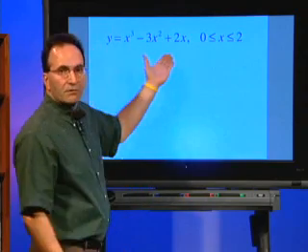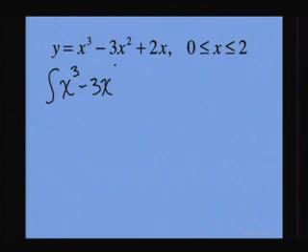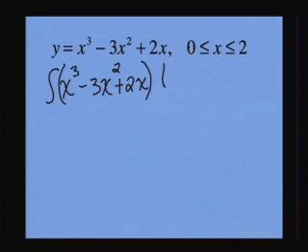And here's our original equation, our original function that we want to integrate. So what we'll have is we need to integrate x cubed minus 3x squared plus 2x dx. And as I said, we're going to go from 0 to 1 the first time.